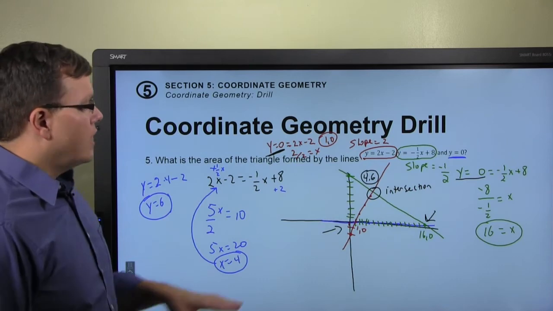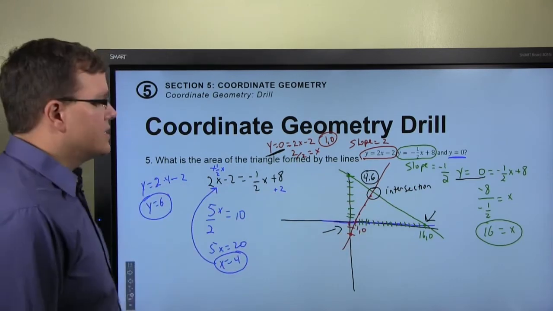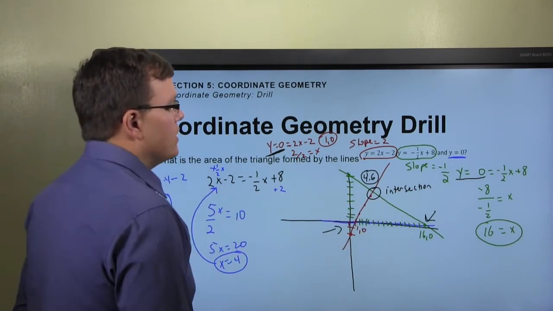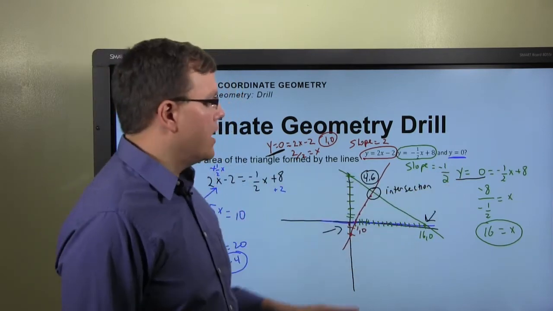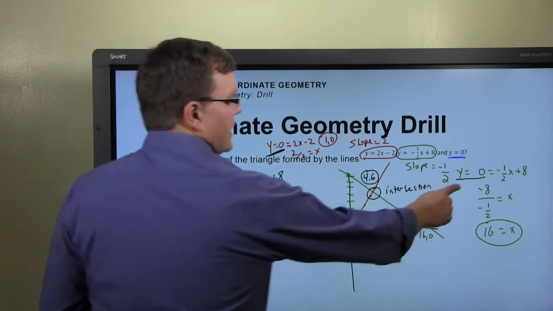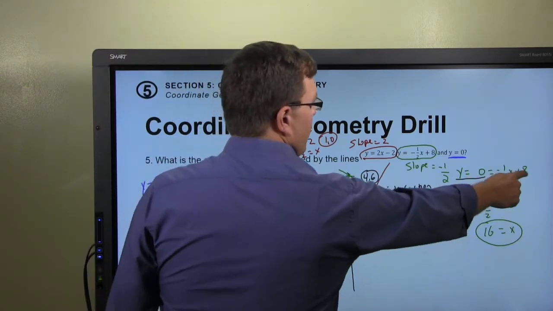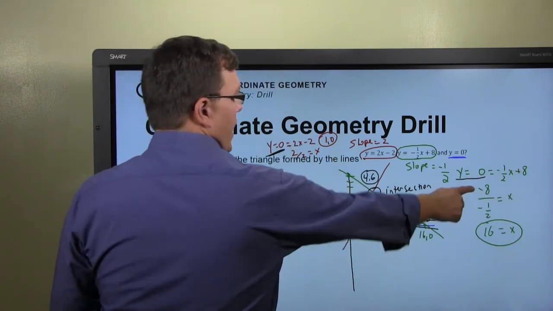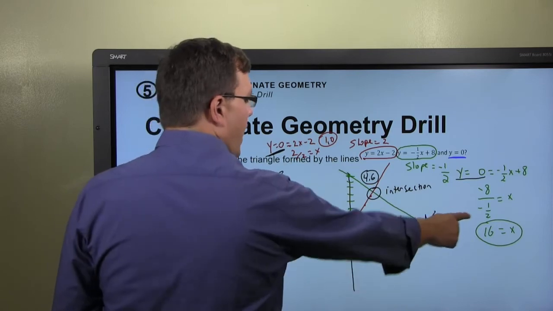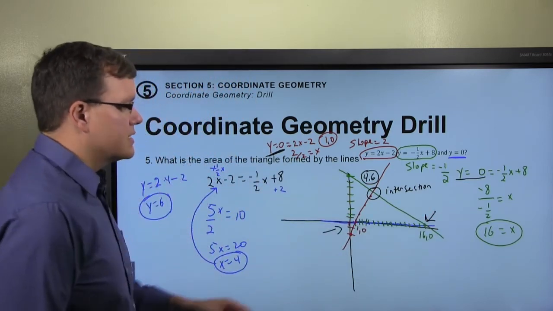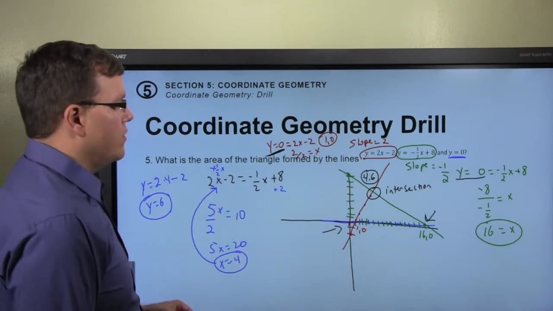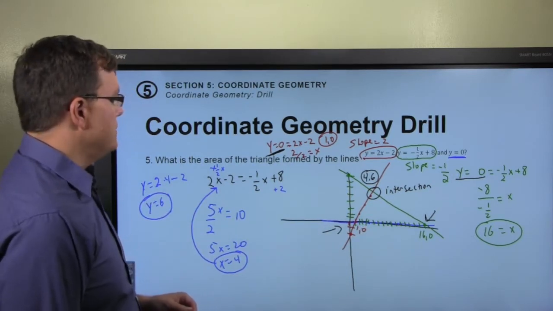So let's start with the green line. Where are we going to intersect the x-axis? If you set y equal to 0, you'll get what x is when y is 0. So 0 equals negative 1/2 x plus 8. Subtract 8 from both sides, divide by negative 1/2, you get 16 equals x. So (16, 0) is our point for that one.